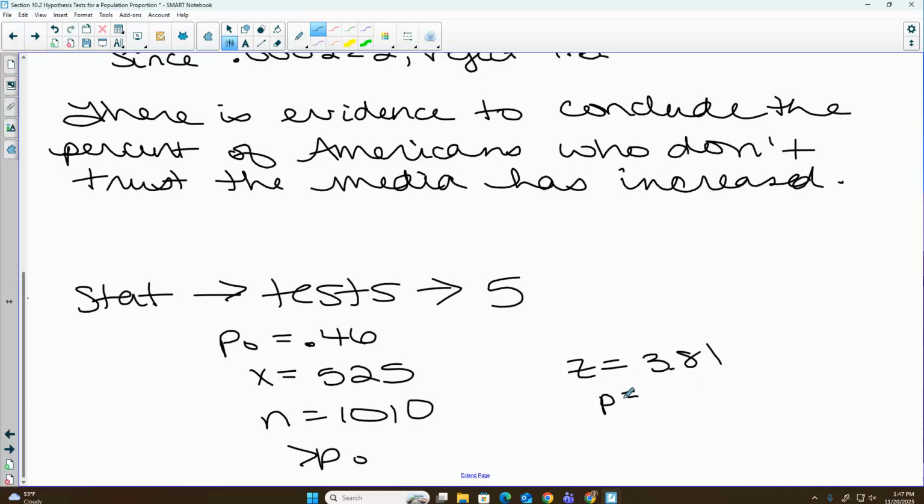So then once you have that Z, you can look up on your table and get your probabilities from that. Okay, so you can use the calculator for this stuff. Any questions there?